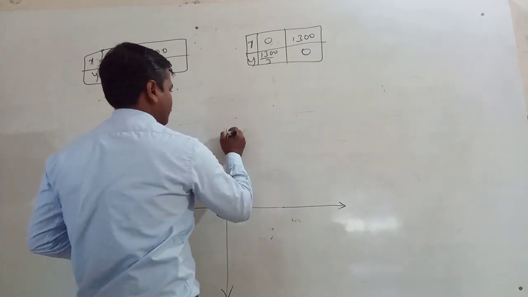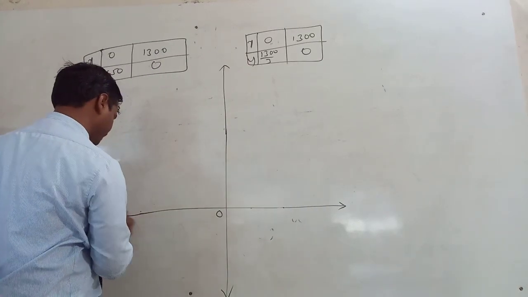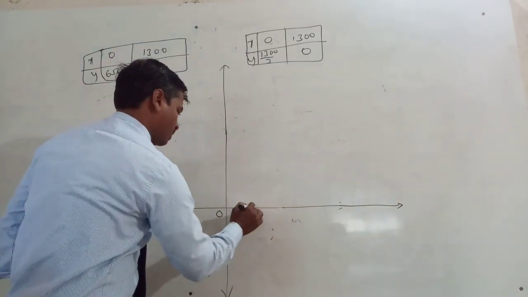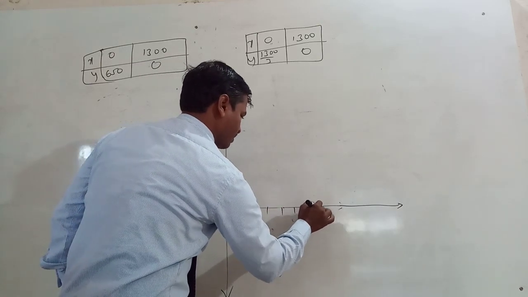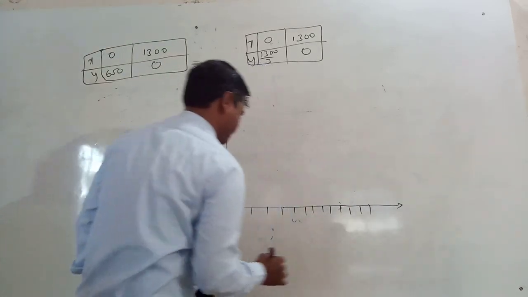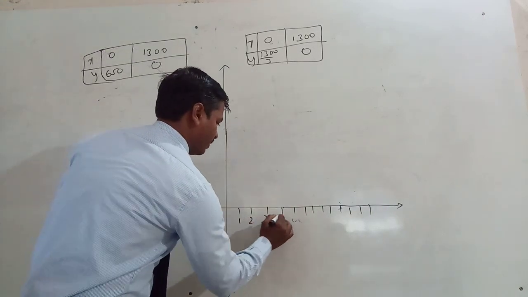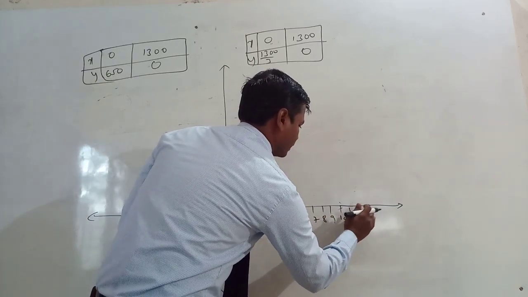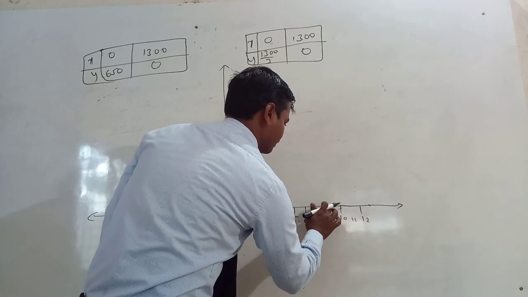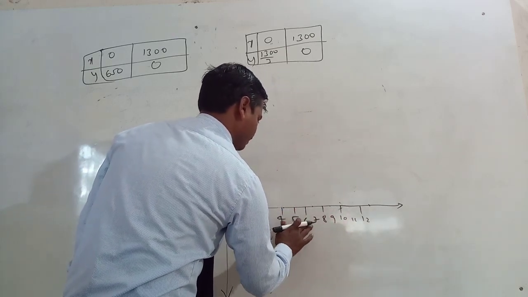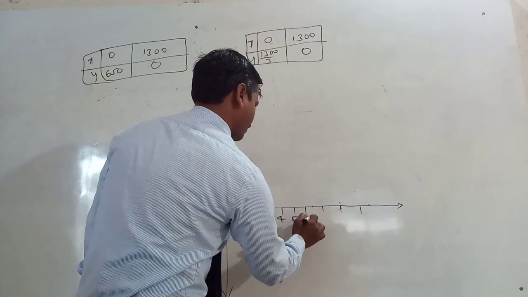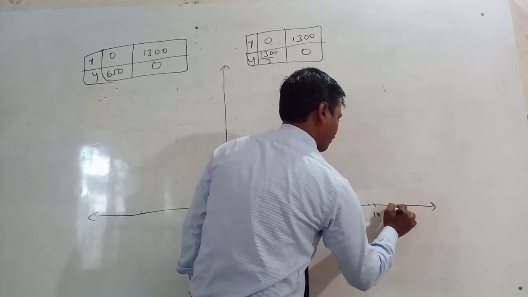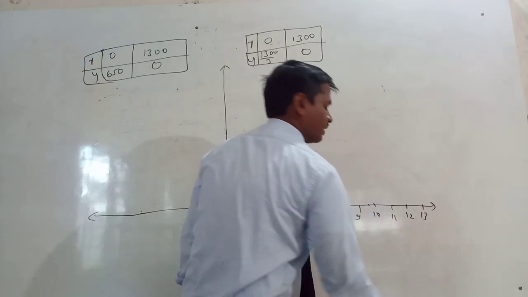What is the first case? One, two, three, up to 13 on the x axis.